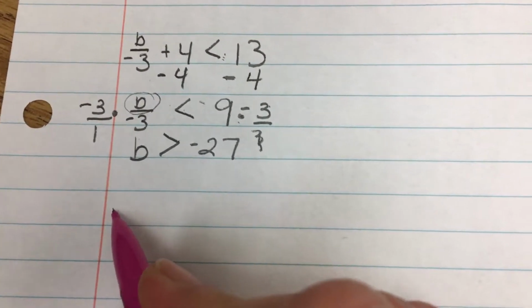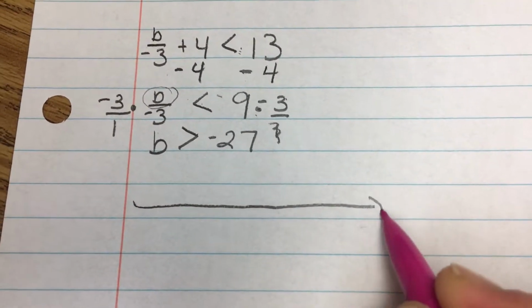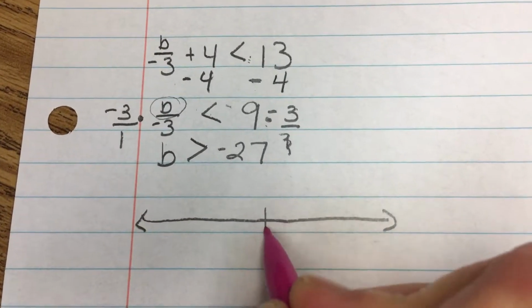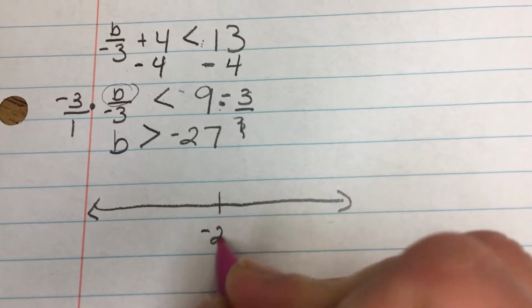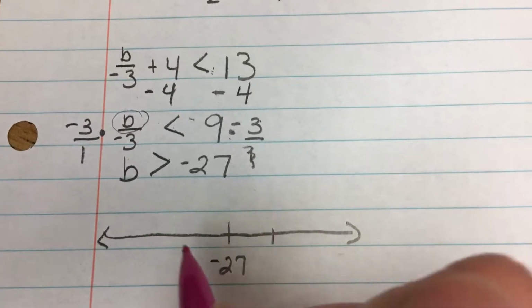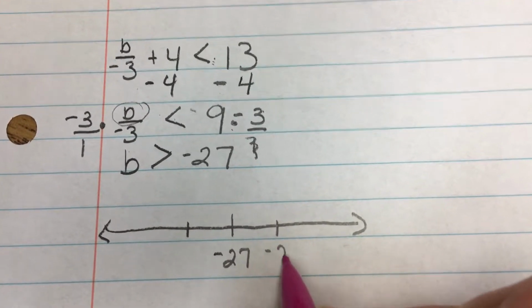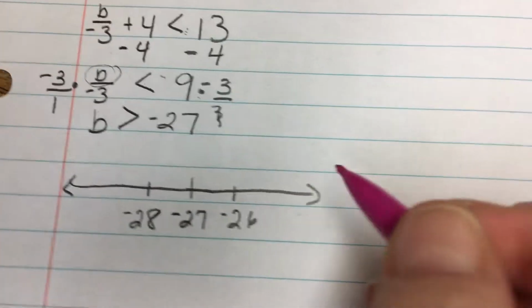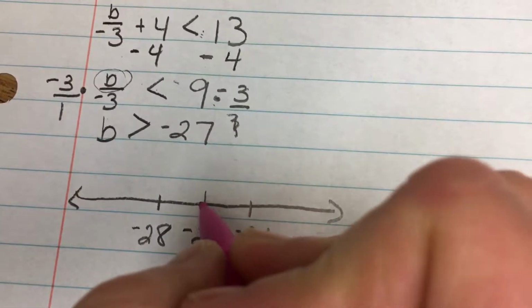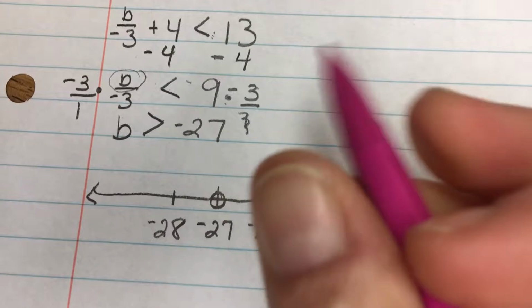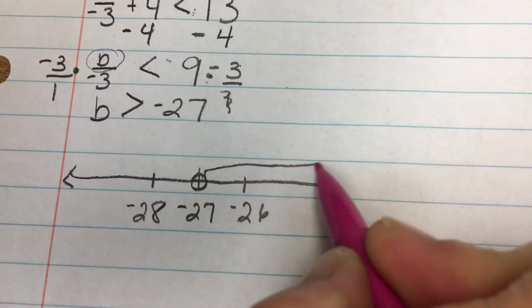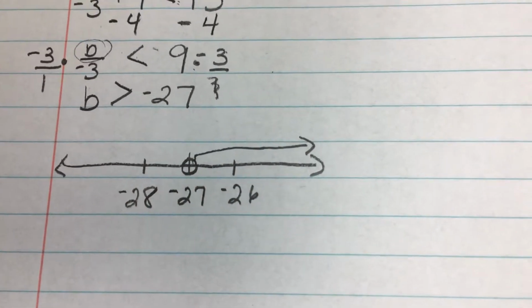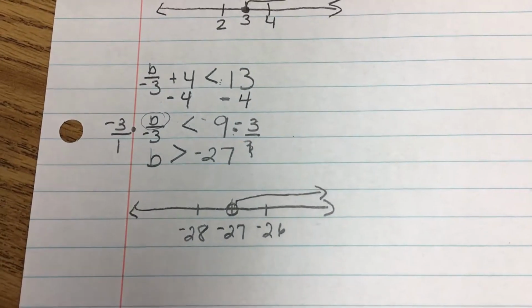Again, you want to graph. So the answer was -27, something above, something below. It's going to be an open circle, and b is greater than. There we go. Not too shabby.